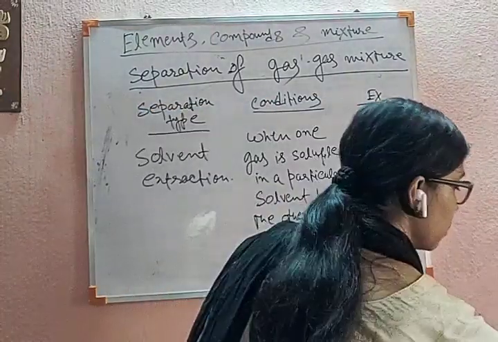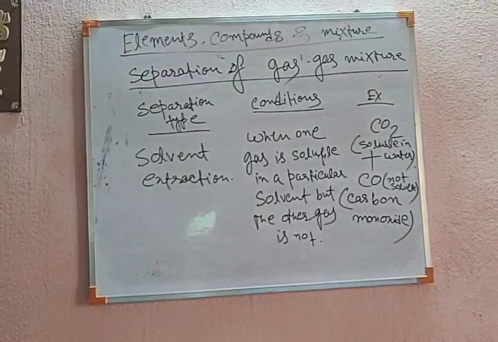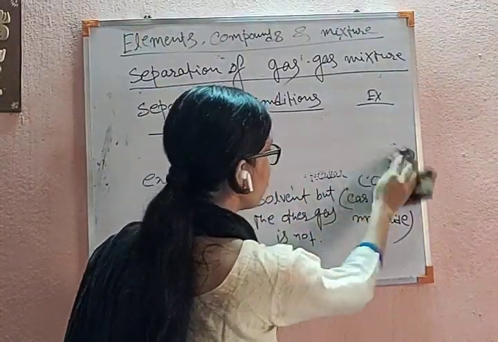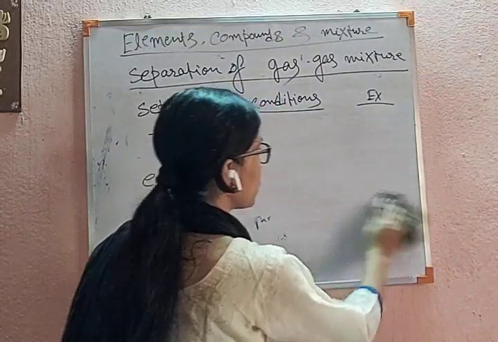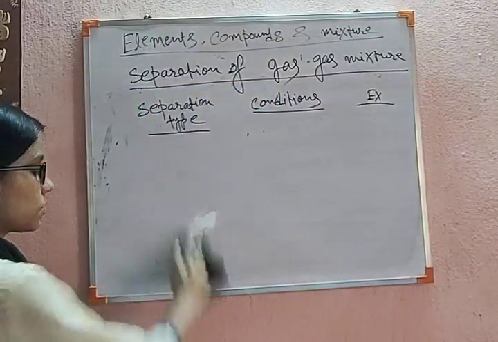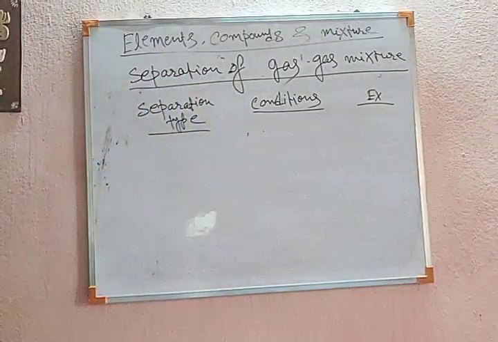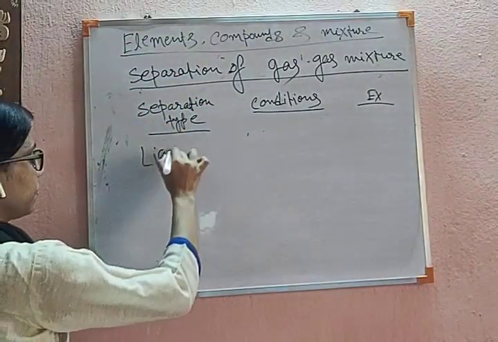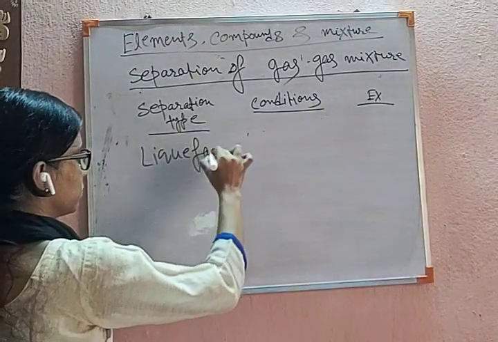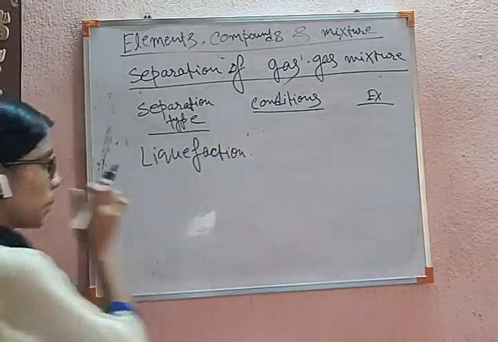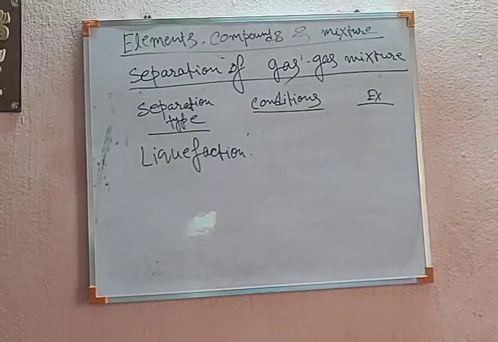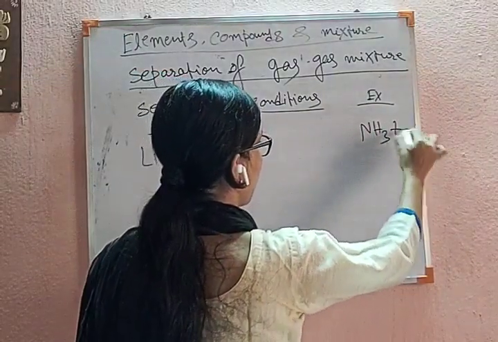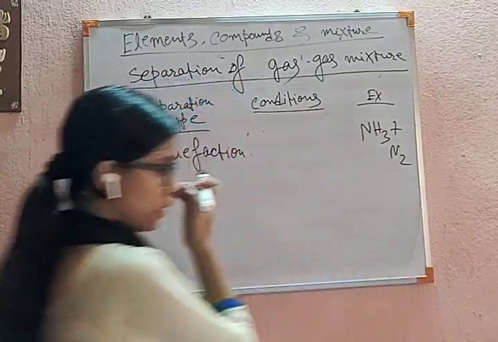And the last method is liquefaction. Gases can undergo the liquefaction process. We can liquefy gases by applying high pressure. So that technique is applied here. For example, separating ammonia and nitrogen, an ammonia and N2 mixture.